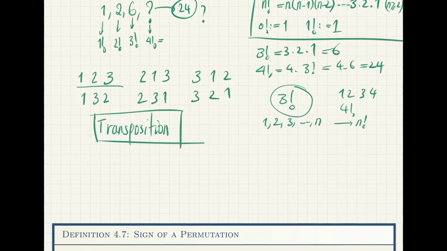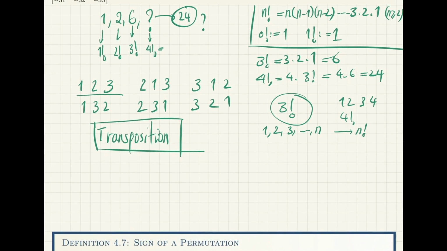For example, 1, 2, 3 turns into 1, 3, 2. That is an interchange. Why? Because 1 is not touched and then I swap the positions of 3 and 2, and I get this one. So this transformation from here to here is a transposition.